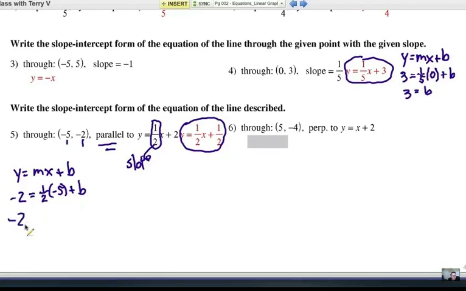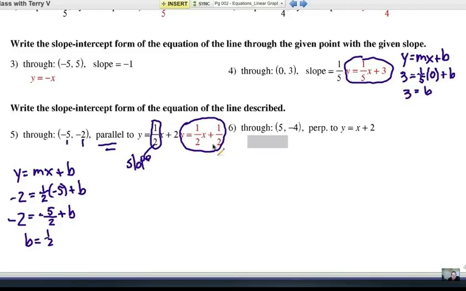So negative 2 equals negative 5/2 plus b. All right, we're going to add 5/2 to each side, so that would give us positive 1/2. All right, well there's our slope and there's our y-intercept.